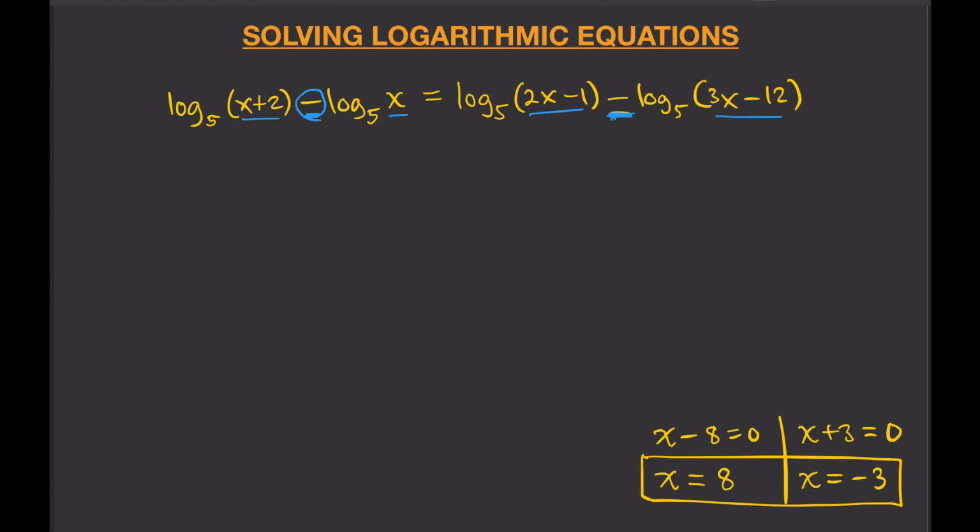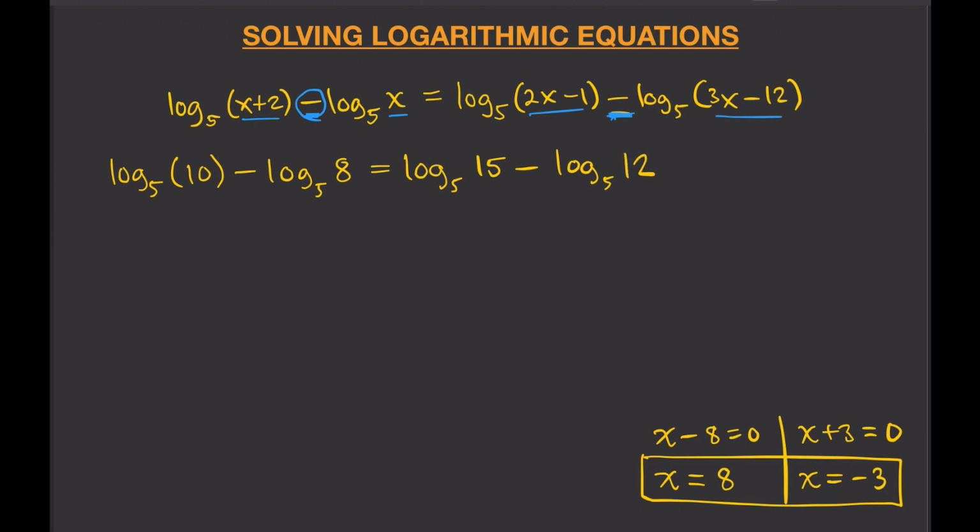So this is just going to be log base 5 of 8 plus 2, that's going to give us 10, minus log base 5 of x, which is 8, and then equals log base 5 of 2 times 8, 16 minus 1 is 15, minus log base 5 of, 3 times 8 is 24, minus 12 is 12.